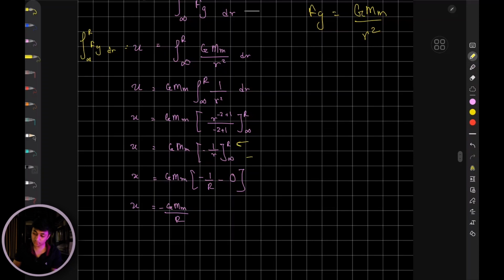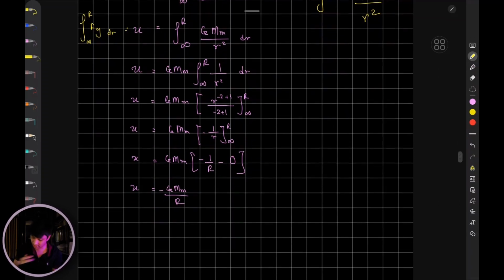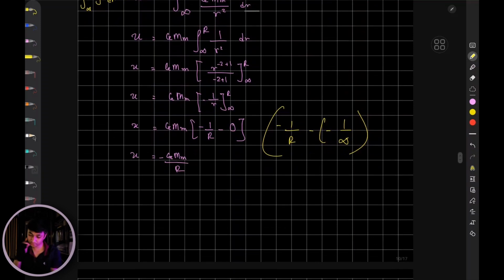Now you have to input the upper and lower bounds. Once you plug them in, it's going to be 1 by R, the defined point, minus 1 by infinity. This is your value expression. 1 by infinity is infinitely small, therefore we can write it as 0.